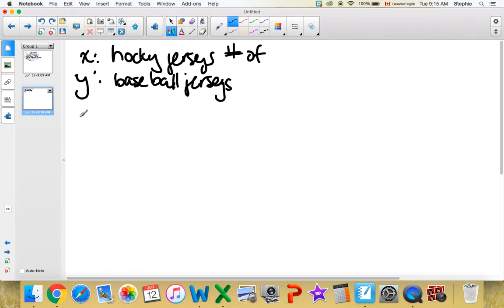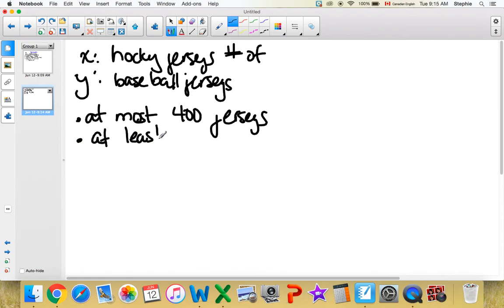So the first thing they said is that they have at most 400 jerseys. So when you read the at most, let me just write all the constraints here. Then they have at least 150 jerseys. And then they have a maximum of 200 baseball jerseys.